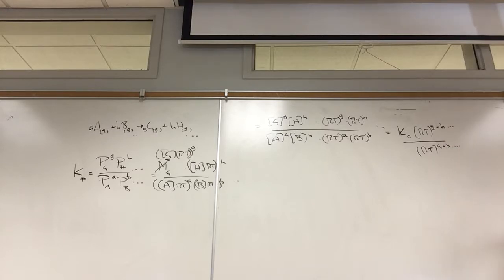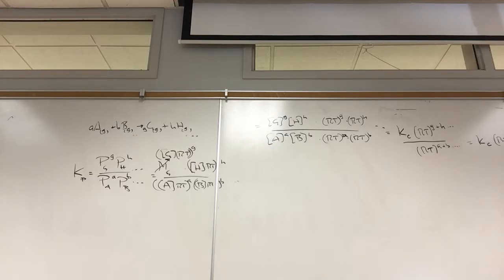And then when we do this, we'll just bring this up and subtract this. And so we get Kc times RT to the g plus h plus dot, dot, dot, minus a plus b plus dot, dot, dot.